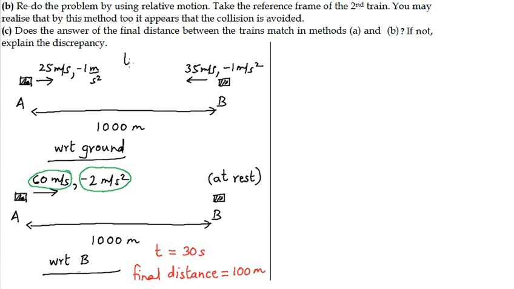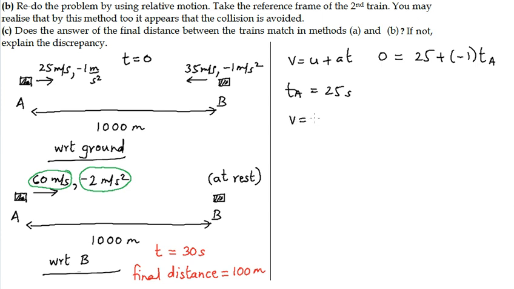Clearly, if we treat this particular diagram to be drawn at t = 0, then we can apply v = u + at to train A in the ground frame, and we get 0 = 25 + (−1) multiplied by the time at which train A stops, and we get t_A = 25 seconds. So train A would stop at a time equal to 25 seconds.